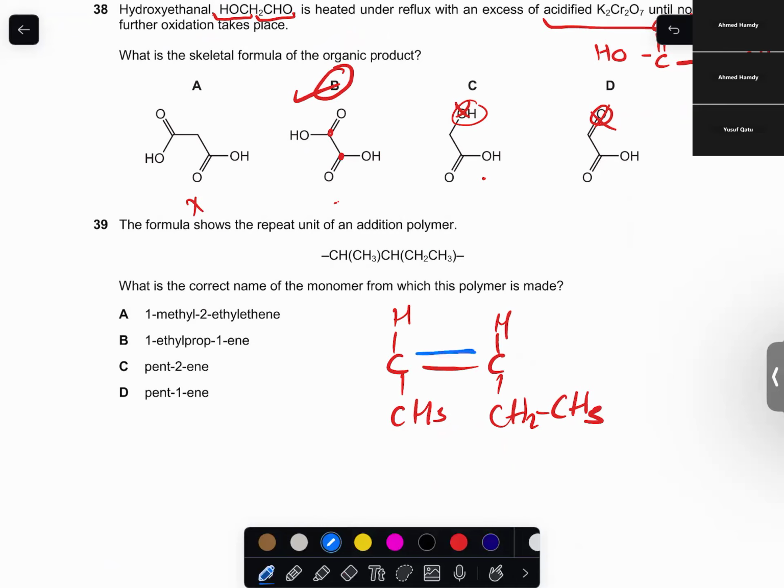So what is the name of this compound? It consists of 1, 2, 3, 4, 5 carbons, so it's pent. The double bond exists between carbon number 2 and 3, so it's pent-2-ene. So the name is pent-2-ene.